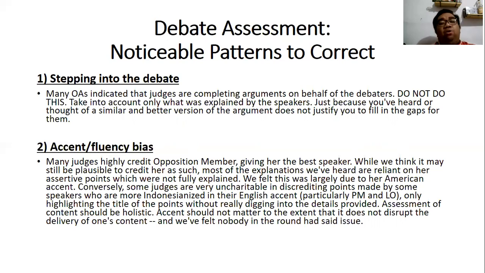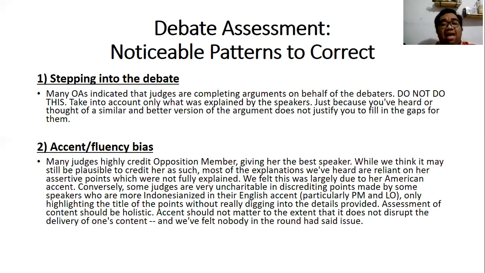The second pattern that we want to talk about is that we noticed an issue with accent or fluency bias. We saw that many judges highly credited the opposition member, giving her best speaker. While it may still be plausible to credit her as such, given that there were a lot of important contributions in her speech, most of the explanations we heard on her relied on assertive points which were not fully explained.